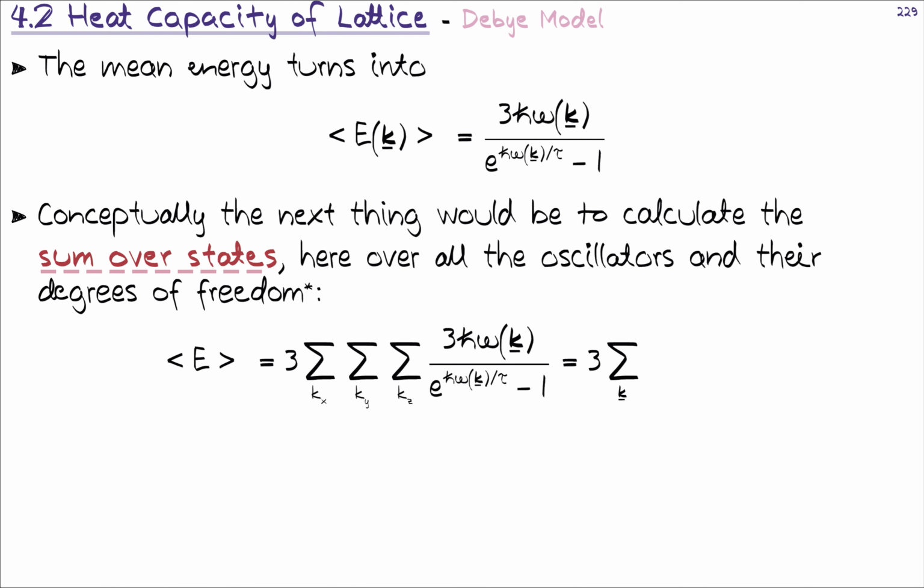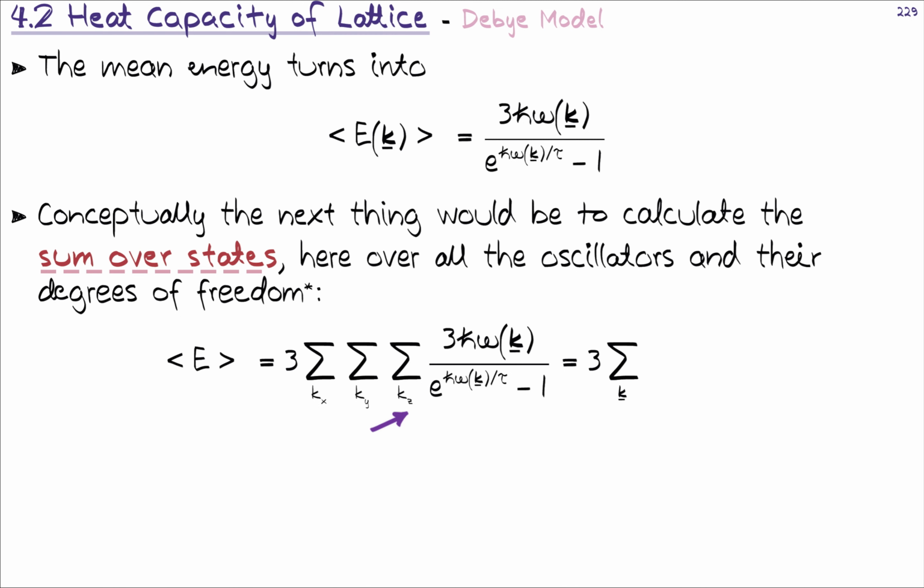And I will ease up the notation. So instead of summing over kx, ky, and kz, I will just denote this kind of threefold summation with a triple. Mathematicians would say that the variable describing k is actually an ordered set of integers that describe what the values of kx, ky, and kz are.